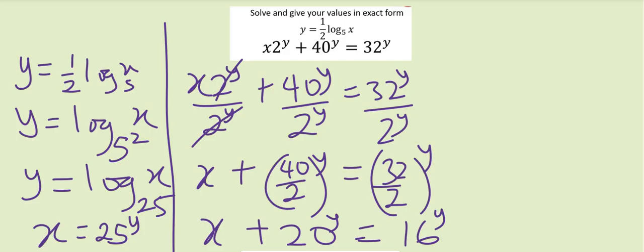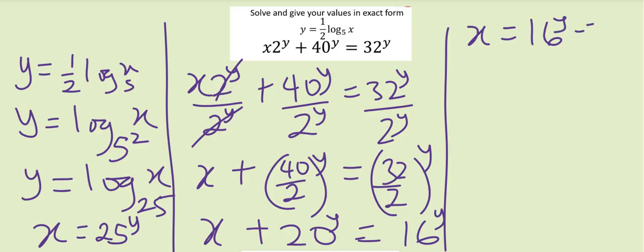Since I have this, what I need to do now is to get rid of this plus 20 to the power of y. I'm taking it to the other side, it becomes negative. So I have x equals 16 to the power of y minus 20 to the power of y.